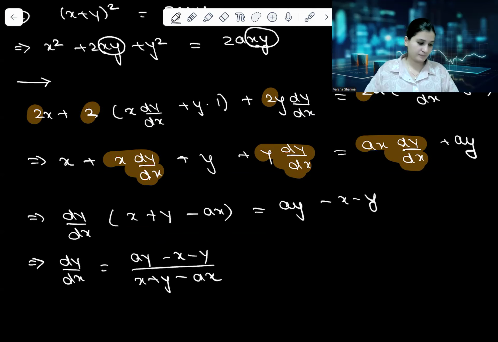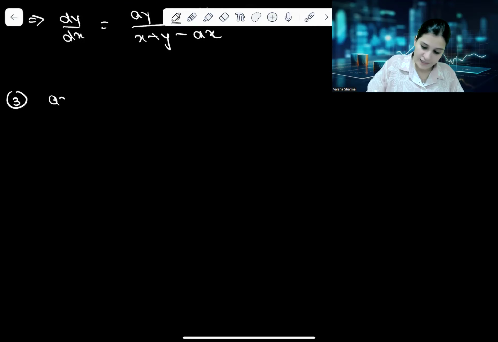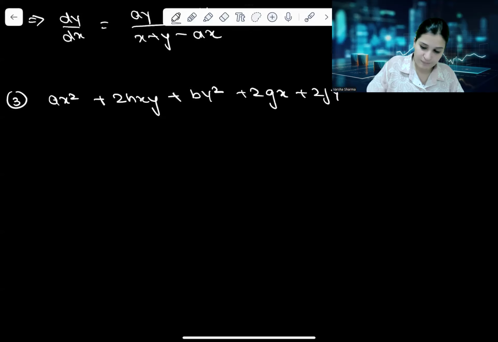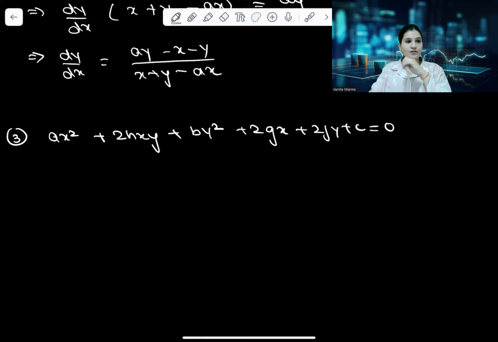Third: ax square plus 2hxy plus by square plus 2gx plus 2fy plus c equals 0. Instead of x and y, whichever letters you see are all constants.